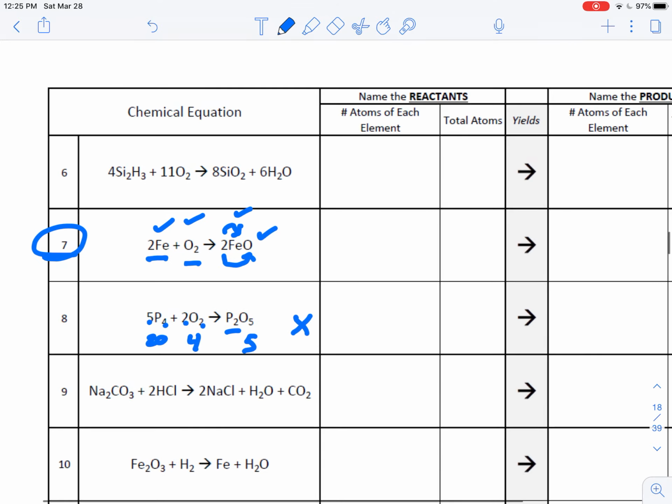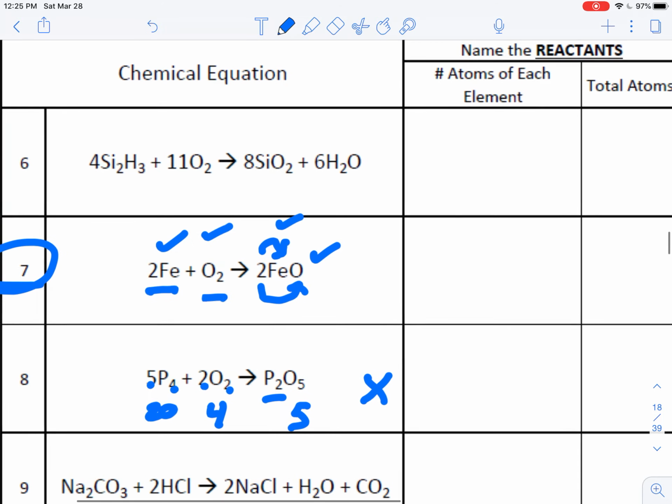One more that we can look at here, number 6, I'll look at. 2 times 4 is 8 sulfurs, and we have 8 sulfurs here. 4 times 3 is 12 hydrogen, and here we have 2 times 6, 12 hydrogen, so that seems like it's balanced as well.